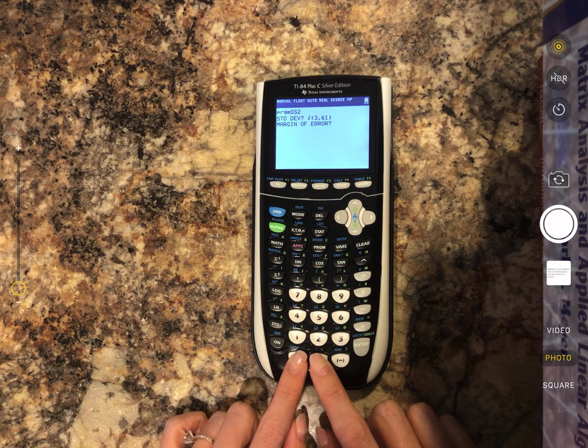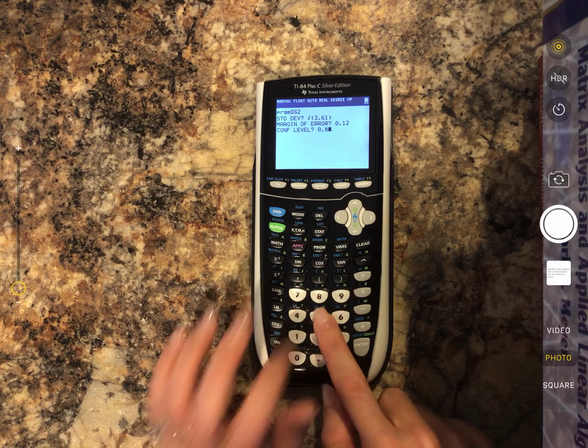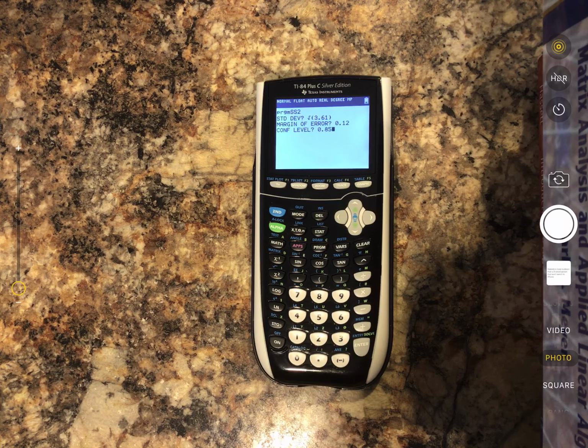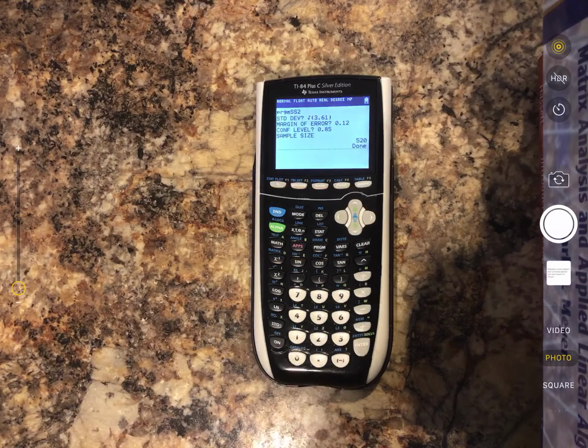The margin of error, the largest error that they wanted, was 0.12. And then the confidence level, they wanted to be 85% confident that this interval would contain that population mean. It will then, when you hit enter, give you that sample size.